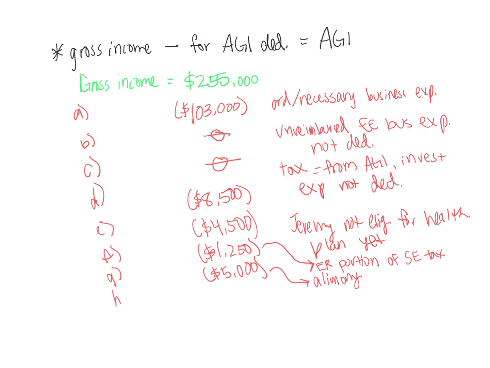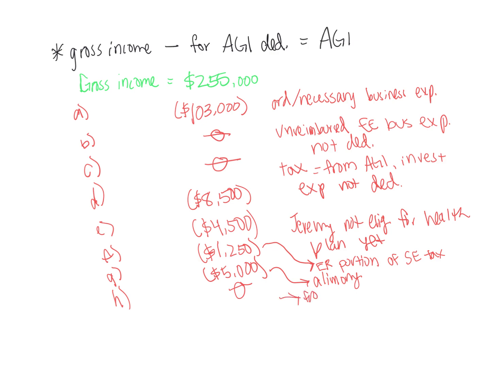Then our last one, letter H. The Johnsons donated $2,000 to their favorite charity. So here for letter H, the amount that we can deduct for AGI is 0. The reason why is because charitable contributions are from AGI deductions. Specifically, they would fall under the itemized deductions category. So they are not for AGI deductions.